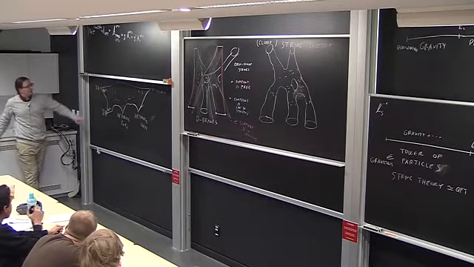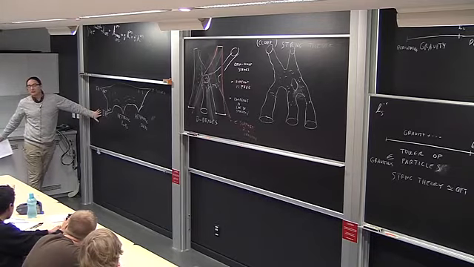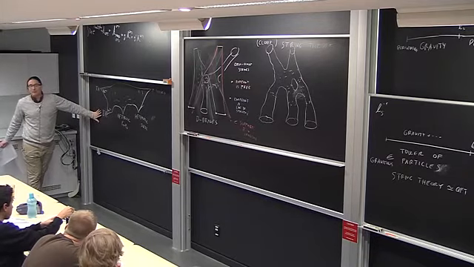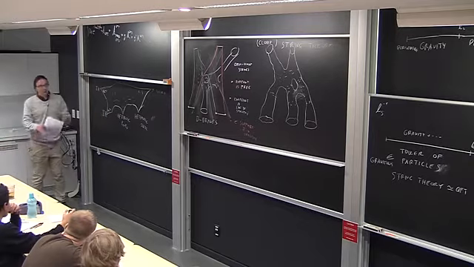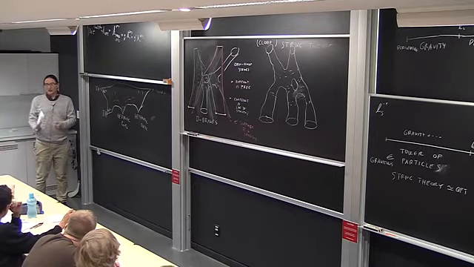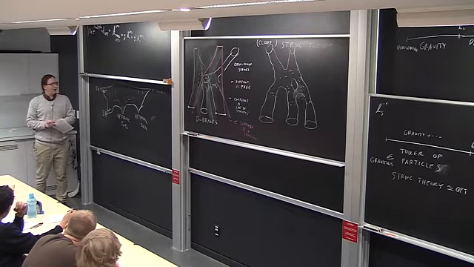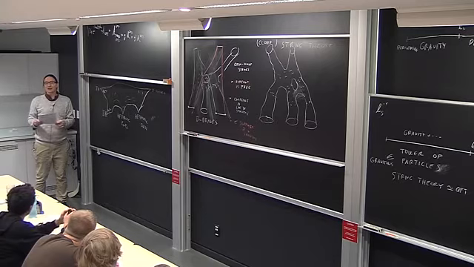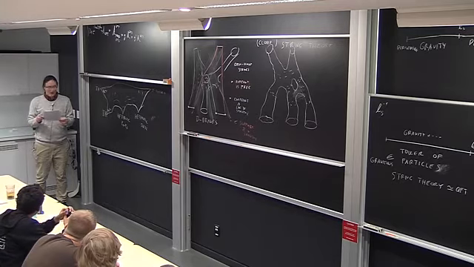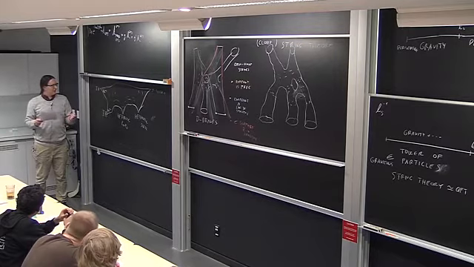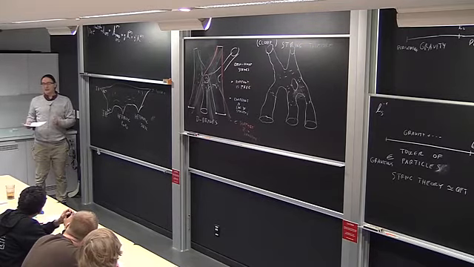So I think the statement is cleanest for type 2B. If you take type 2B theory, there are a variety of things you can do to the theory. I don't want to get into details now because I want to discuss something else. You can play with the coupling.